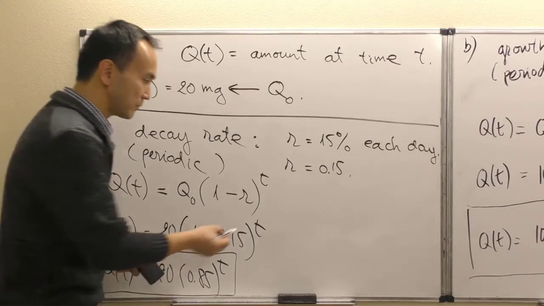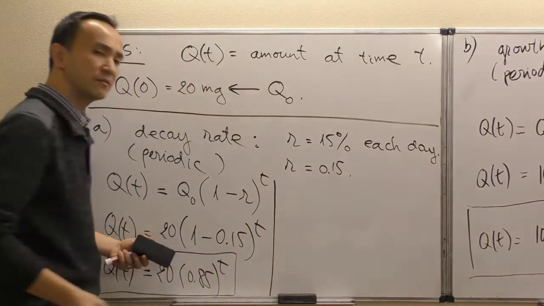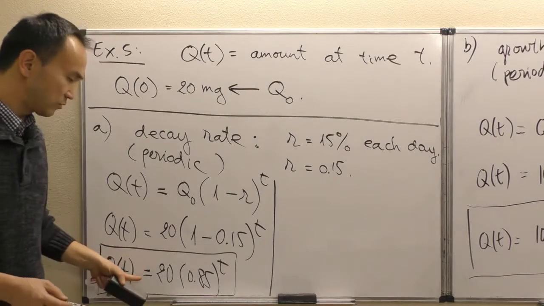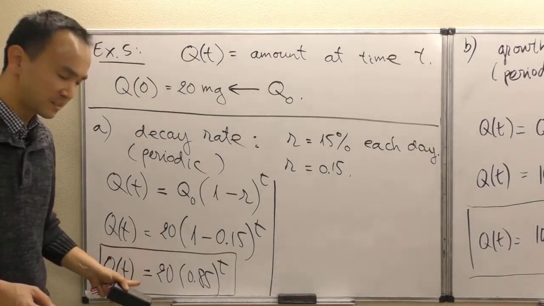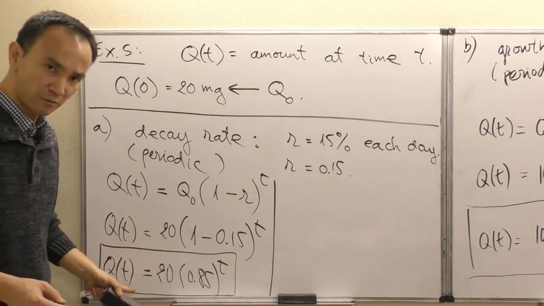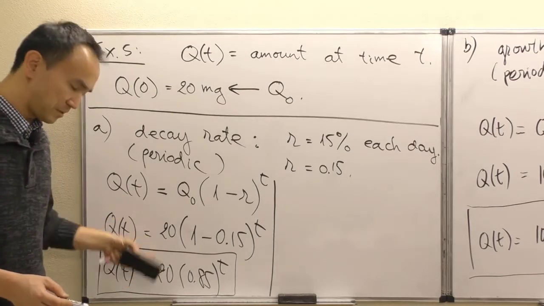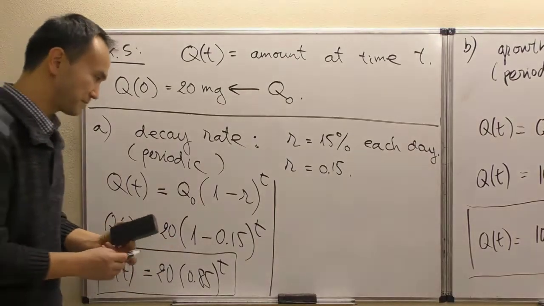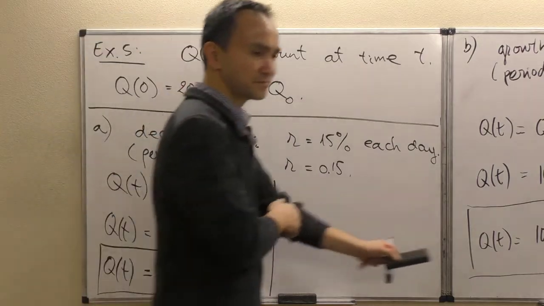All right, but I'm going to leave a little space here. We're done with that, and it's a periodic decay rate in this particular model that we finished right here.